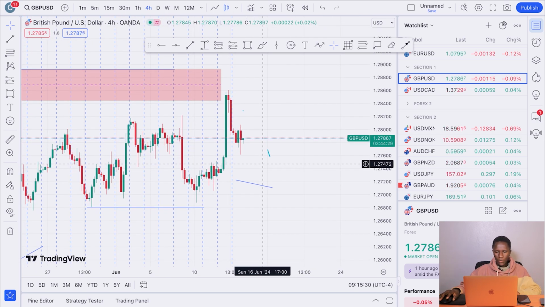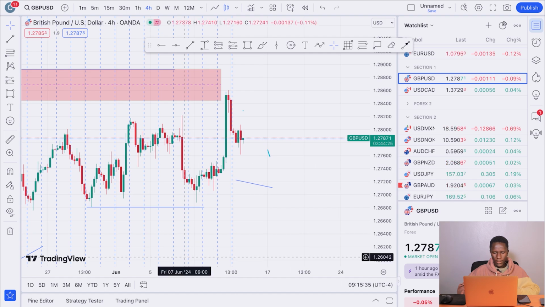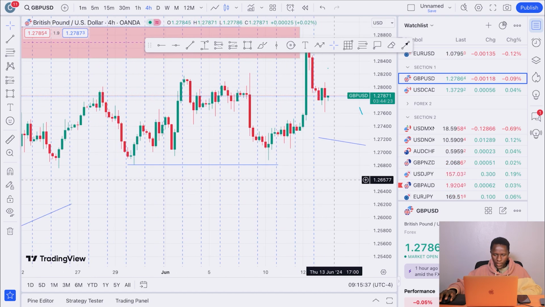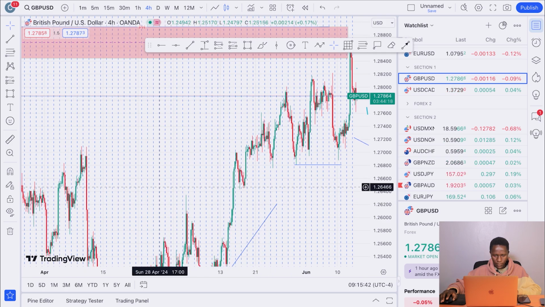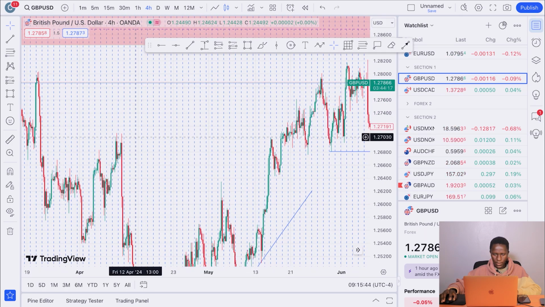And right now, the market is not giving clear info on that, but if we do the structure mapping, we will start from this. This was our decision order block.